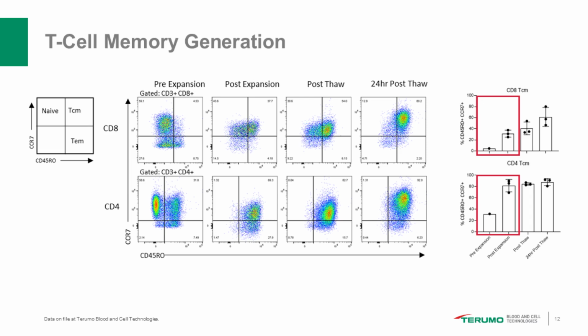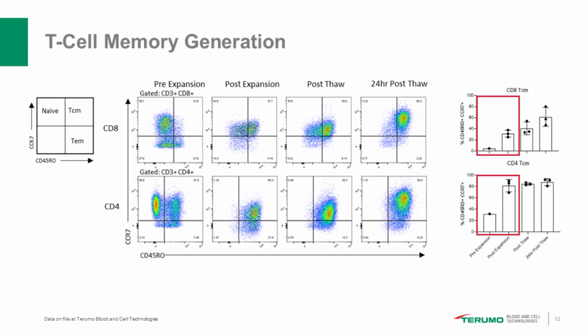Looking at the T cell memory generation of the cells as they went through the manufacturing process, if you look at the key on the top left there, you can see we were interested in analyzing the relative proportions of naive T cells, T cell central memory cells, and T cell effector memory cells. For example, if the cells are highly positive for CCR7 and negative for CD45RO, then they would be considered naive T cells.